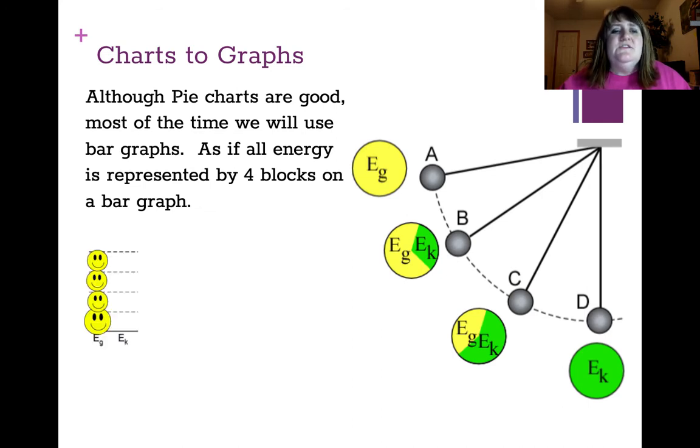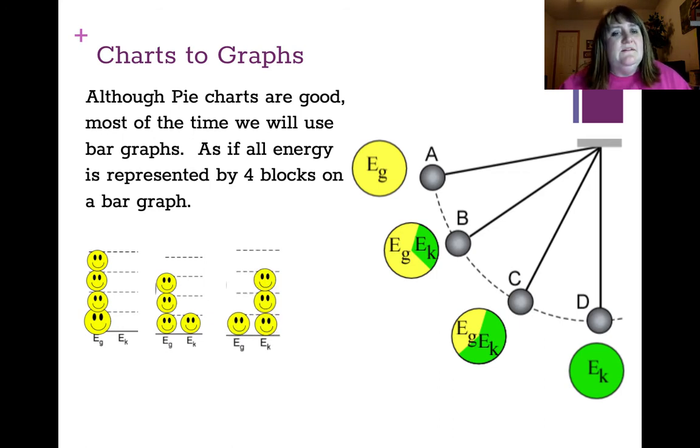Okay, so at A, we have all EG, so I would use 4 blocks of EG. At B, maybe we have 3 EG and 1 EK. At C, I know it's not half and half because it's not halfway between, so maybe 1 EG and 3 EK. And at D, it's all EK.